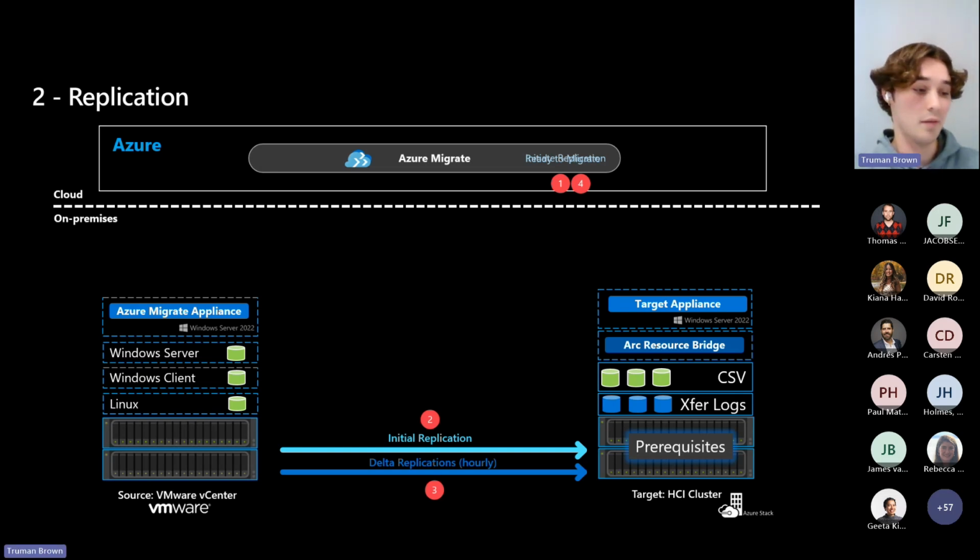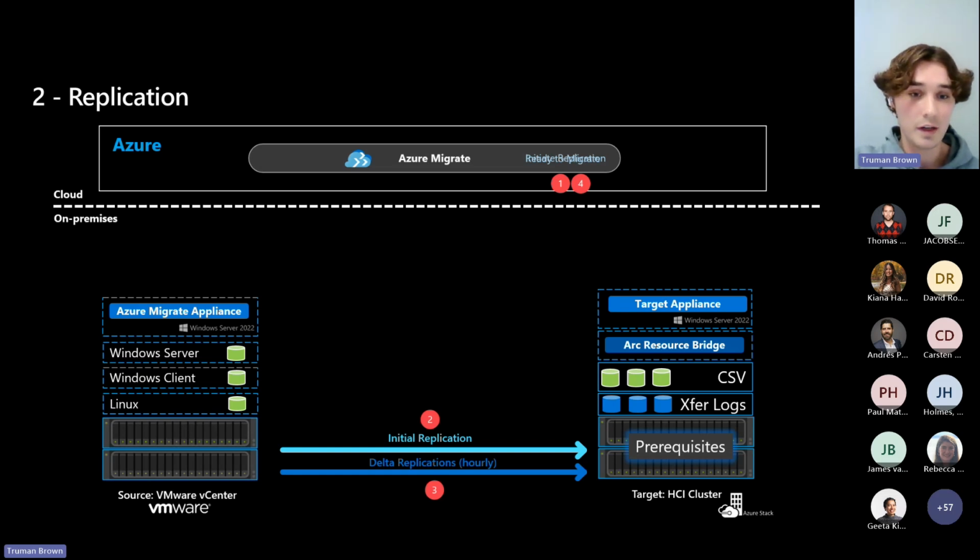So this would be making a copy of your OS disks, your data disks. And this is a long process because, again, if you're replicating 100 VMs with each of them having a 100 gigabyte data disk, it's a long process. But the key note of this stage is that this happens while your workloads will continue to run on your source VM. This is all going on in the background. You don't need to make a maintenance window for all of that. It's a really cool process.